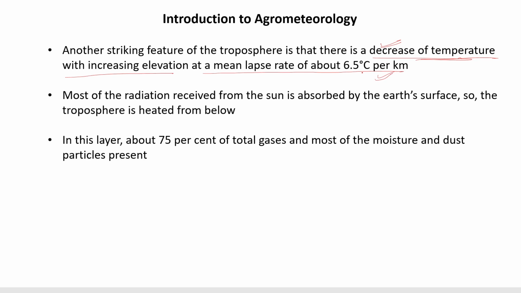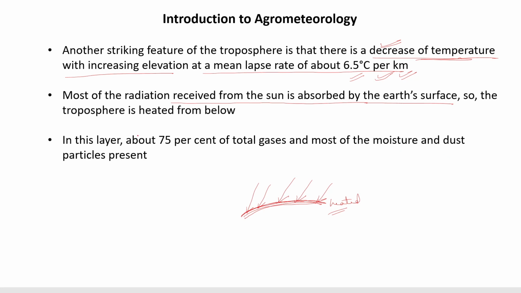So as you move above, every kilometer there is a drop of 6.5 degrees centigrade. Most of the radiation received from the sun is absorbed by the Earth's surface. All the radiation reaches the Earth's surface, and this surface gets heated.